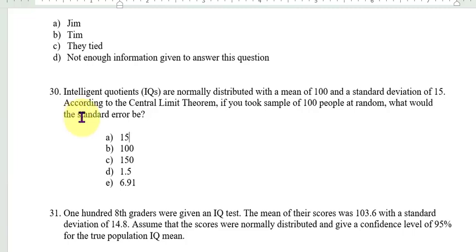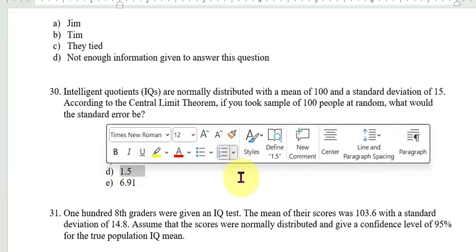Standard errors are from samples, where standard deviations are supposed to be from populations. So the theorem basically states that you take the standard deviation from the population and divide it by the square root of the sample size. The sample was 100. We take the square root of 100, which is 10. So we divide the standard deviation of 15 by 10, and that comes out to be 1.5. That's the standard error.